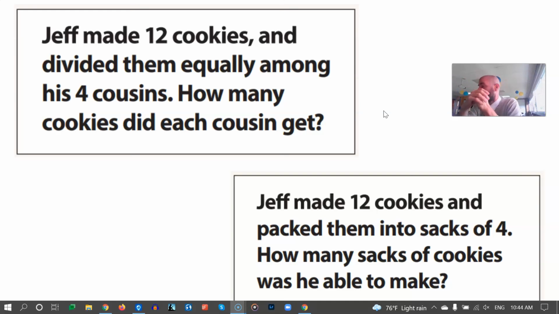So this first one says, Jeff made 12 cookies and divided them equally among his 4 cousins. How many cookies did each cousin get? And then look at the other one. Jeff made 12 cookies and packed them into sacks of 4. How many sacks of cookies was he able to make? So both of these are 12 divided by 4. Let's take a look at it.